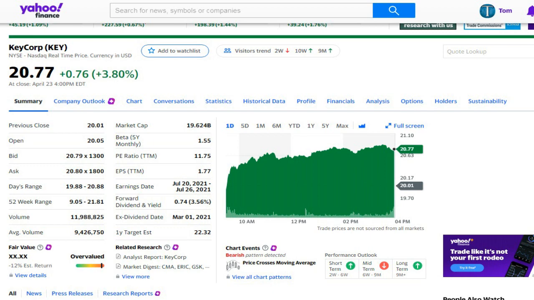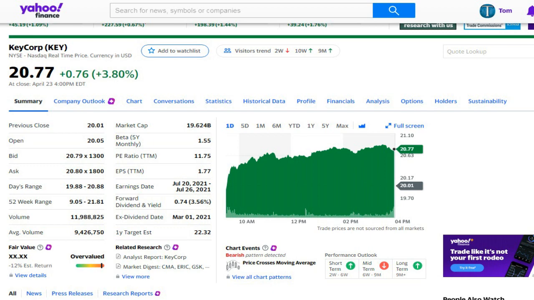The forward dividend and yield, 3.5%, and it only needs 74 cents per share per year to get 3.5%, and it's more than making that with earnings per share of $1.77. Let's take a look at the beta. The beta is up there, the second item down the middle column, beta.